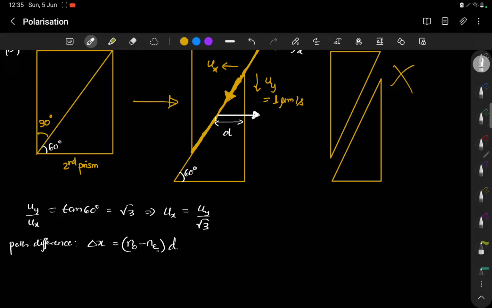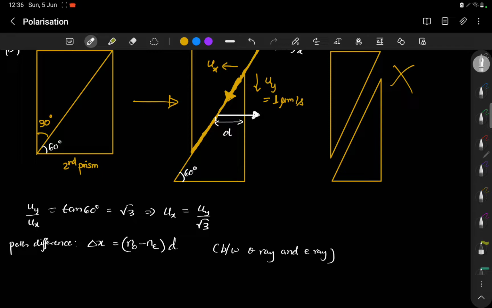So No minus Ne times d is the path difference between the O ray and the E ray. So this is path difference between O ray and E ray after it has traveled inside the prism and then when it is exiting the face of the prism.